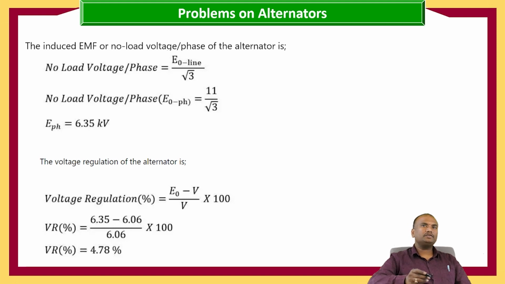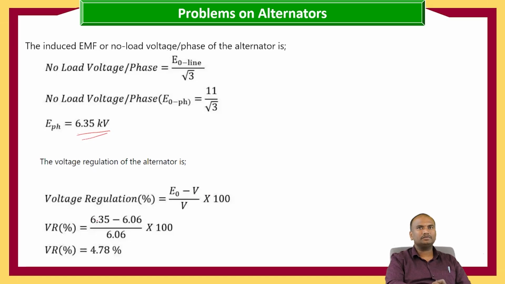And here the induced EMF or no load voltage per phase of the alternator is E0 line by root 3, that is 11 kV by root 3, which is 6.35 kilovolts. And the voltage regulation of the alternator is no load voltage E0 minus V by V into 100.